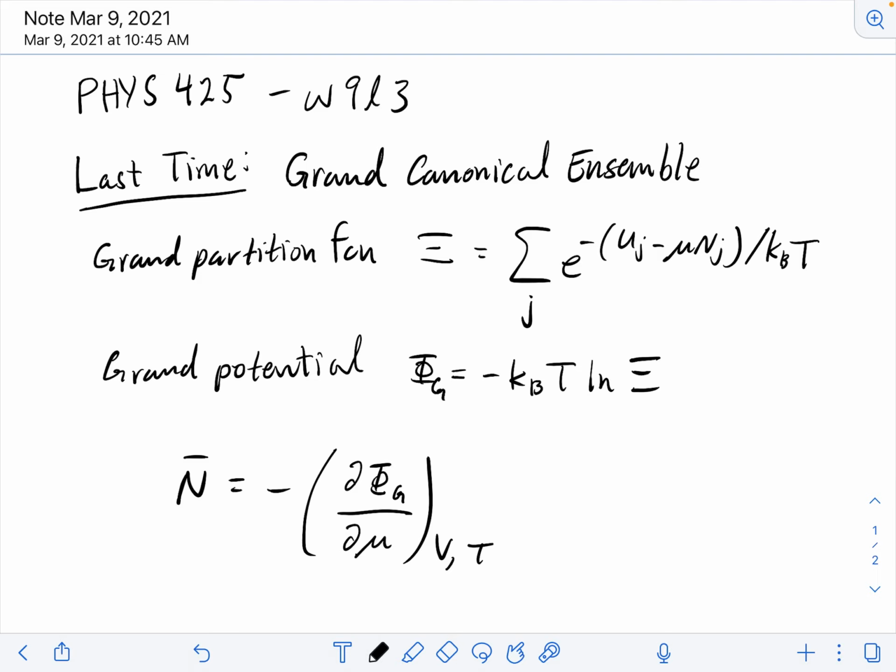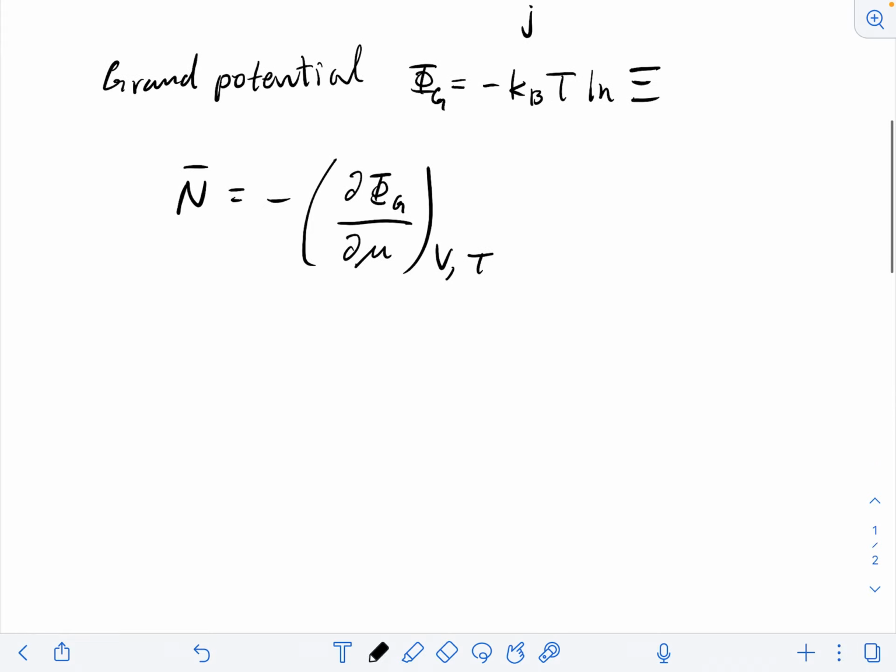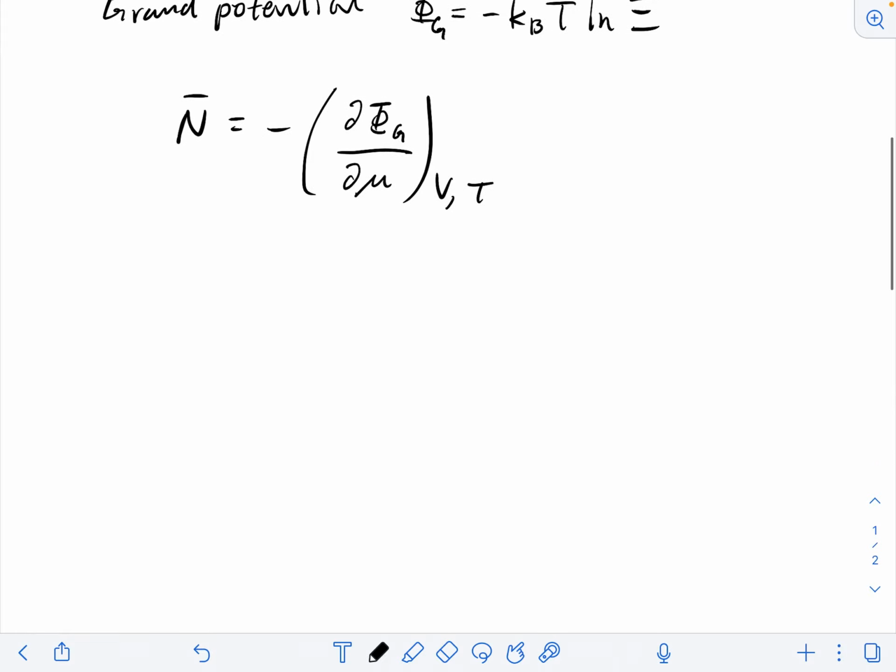So for example, in today's video, we're going to use the grand potential to calculate the average number of particles in a given state. In fact, we're going to try to derive both the Fermi-Dirac and Bose-Einstein distribution functions, which we've used before, but let's see if we can come up with a fundamental derivation of these quantities.